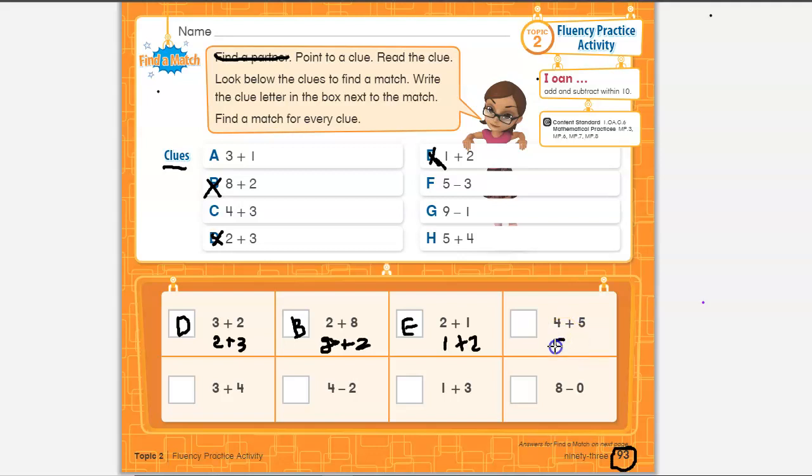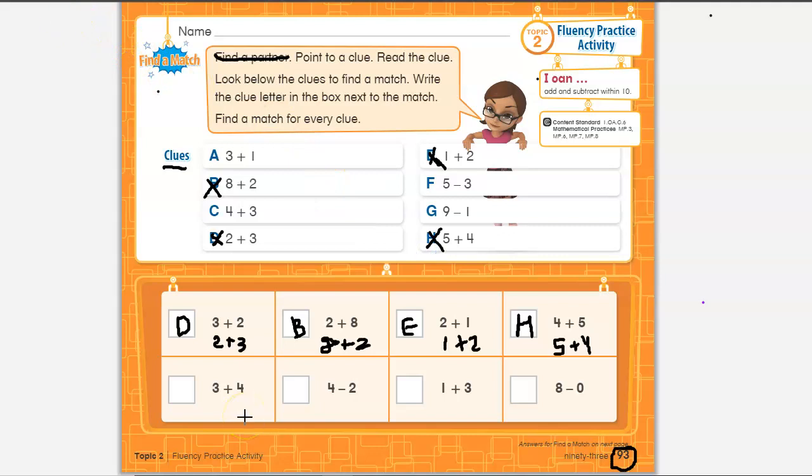It would say 5 plus 4. Where in our clues do we see 5 plus 4? Let's look. H, choice H says 5 plus 4. That is what we are looking for. We're going to write H in the blank.